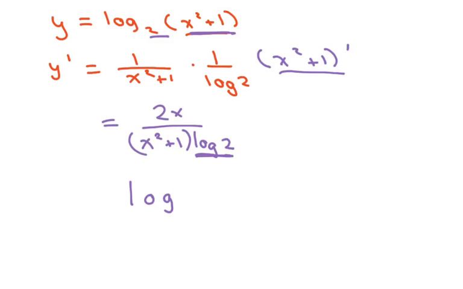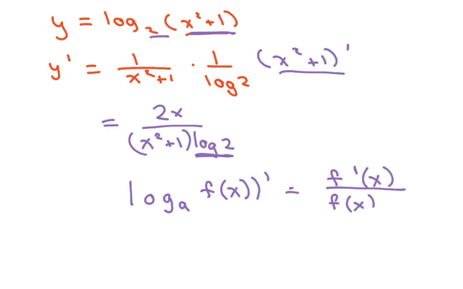So if you have a base different than base 10, you take the derivative of your function, which would just be 2x in our case, over our function, which is x squared plus 1, times log of a, which is what we did. This was the derivative of my inner function here. This was my inner function, and then we did log base 2.